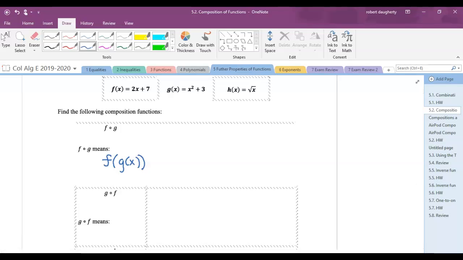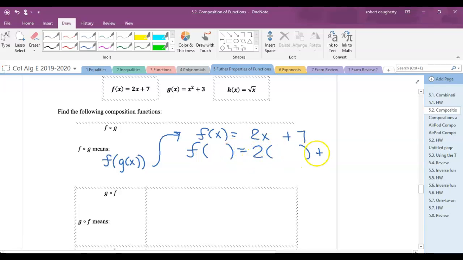Okay, to find this, every time that I did this, which function did I start working on? F. F of X is 2x plus 7. And I'm going to need to substitute something into that, so I just rewrite it with all the x's replaced with open parentheses. What needs to get substituted into F?